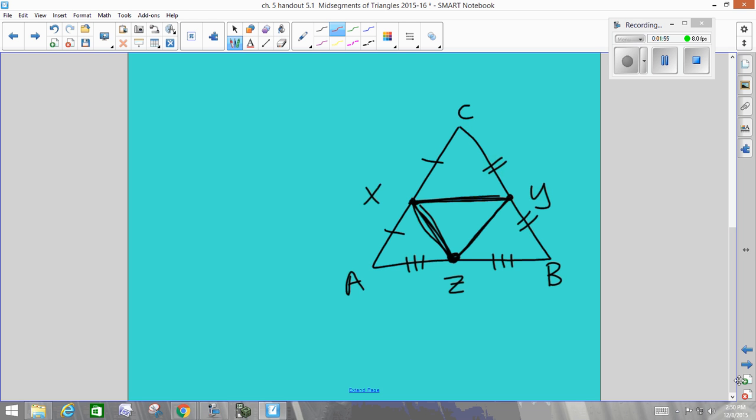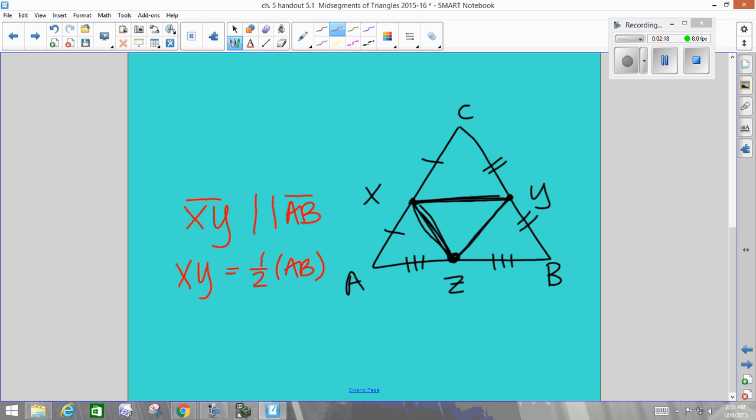Since XY is a midsegment, then XY should be parallel to which side? AB, good. It's going to be parallel to the third side and half its length. So the length of XY is going to be 1/2 the length of AB.